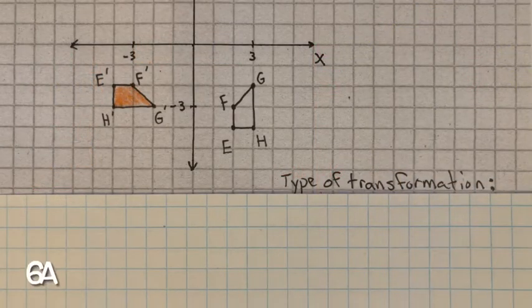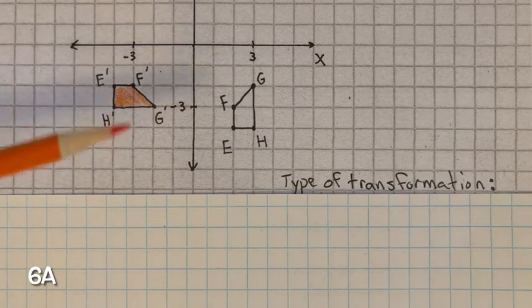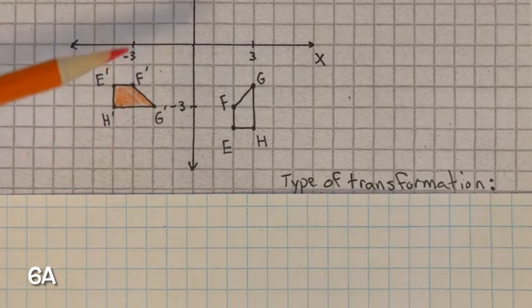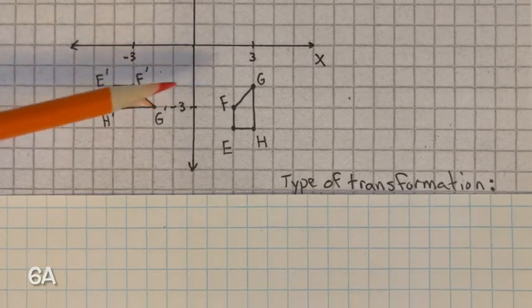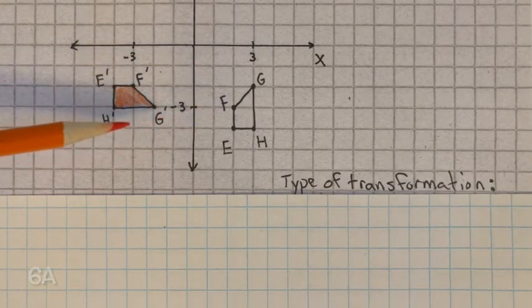For problem 6a, I need to identify the transformation that would carry the pre-image to the image as a translation, reflection, or rotation. Then specify the rule for each transformation. So to identify the transformation, I need to determine which one's the pre-image and which one's the image.